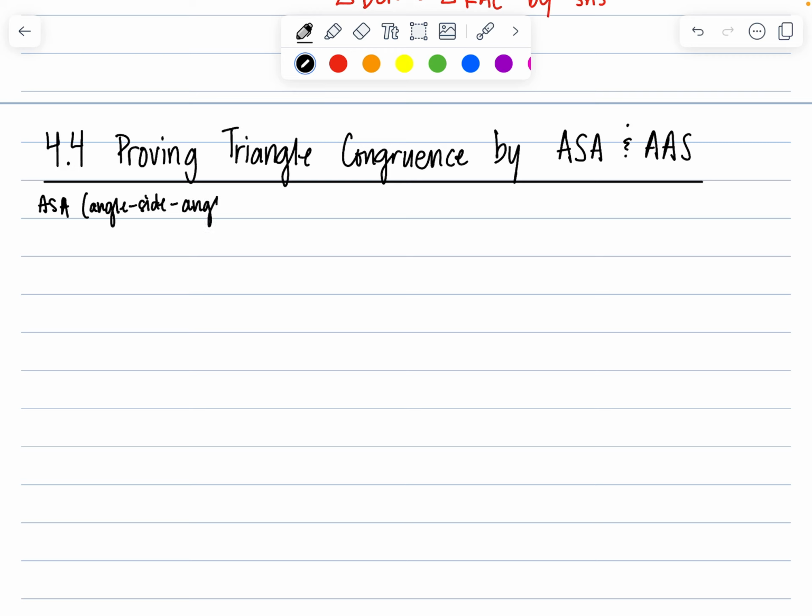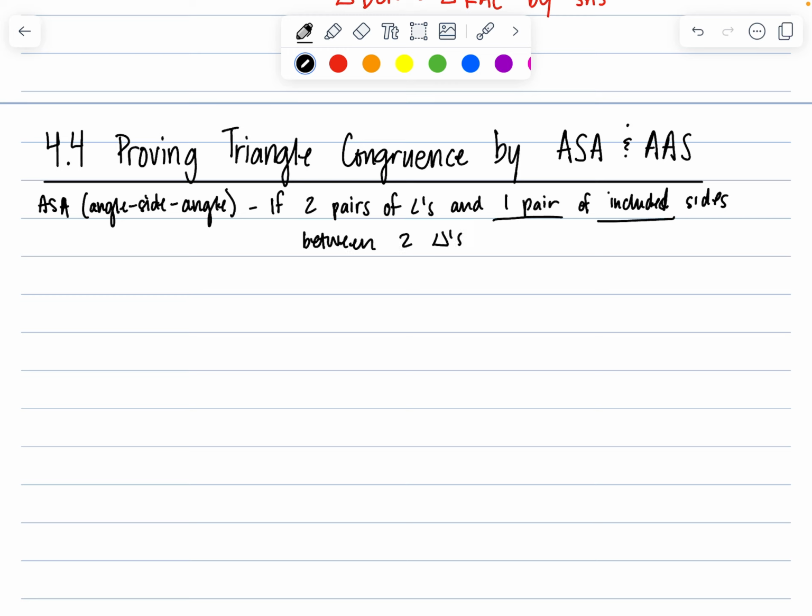Angle side angle is another way to prove that triangles are congruent, and it states if two pairs of angles and one pair of included sides between two triangles are congruent, then the two triangles are congruent.